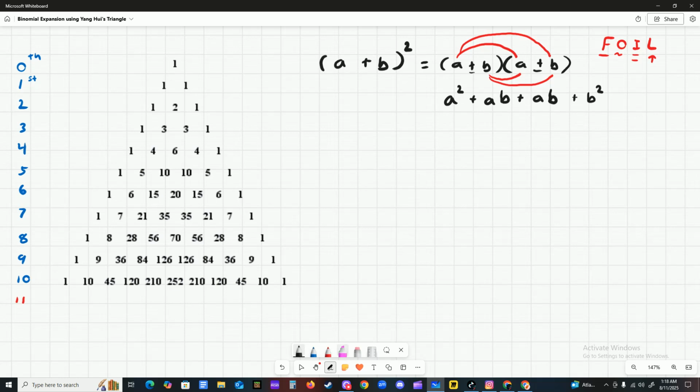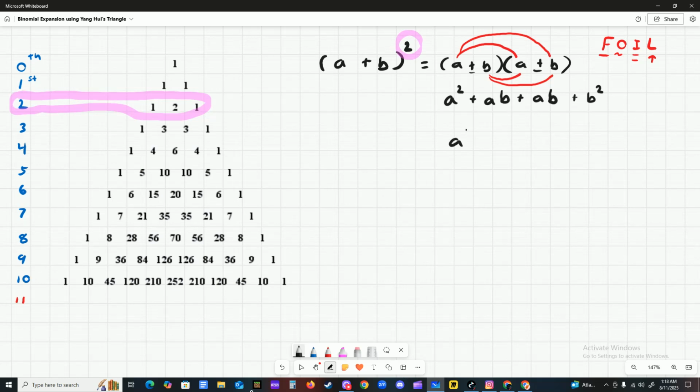Well, we had an exponent of 2, which means we're going to look at the second row right here. The second row. All right? Remember, the first row, even though it's the first row, we call that the zeroth row, and I'll explain why in a bit. But first, let's keep going with this one.